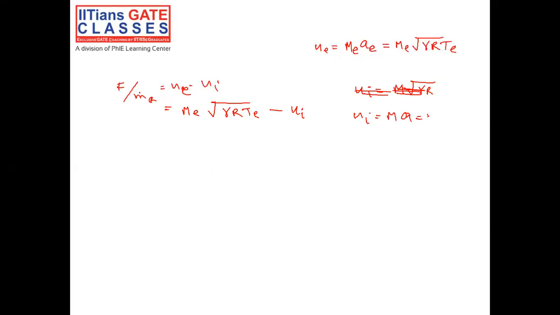So this can be written as root over gamma R Ta, where Ta is basically the ambient temperature. So substituting that in this equation, minus M into root over gamma R Ta.